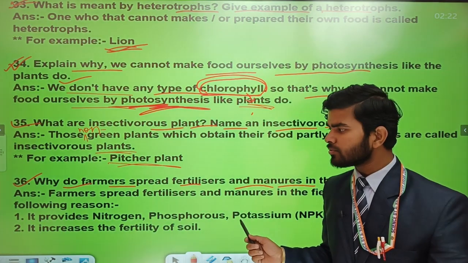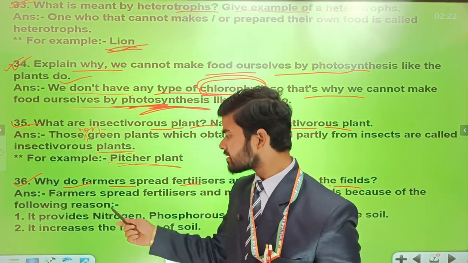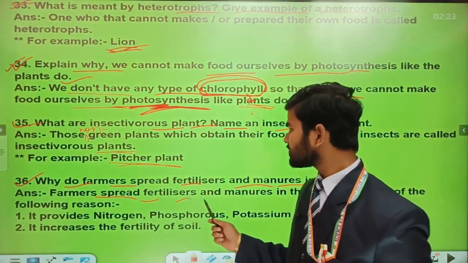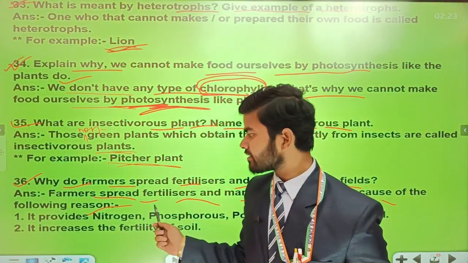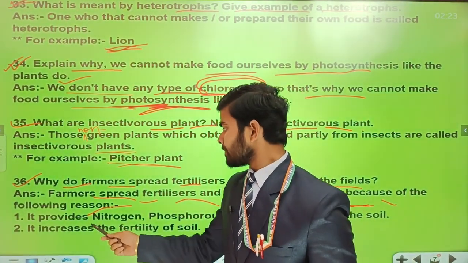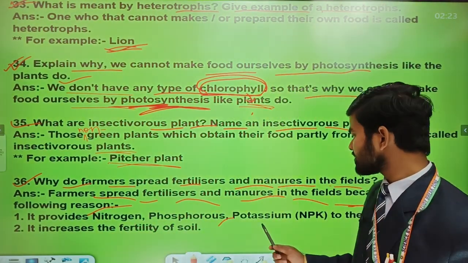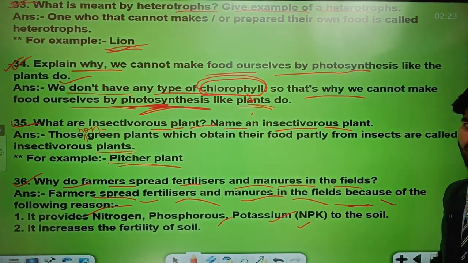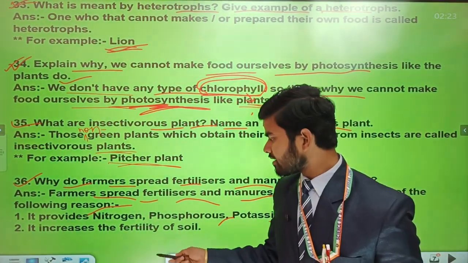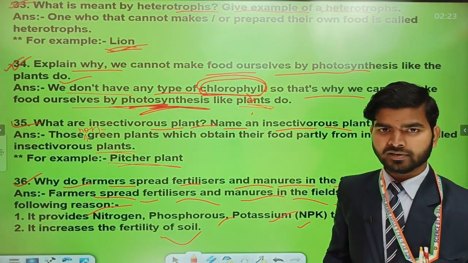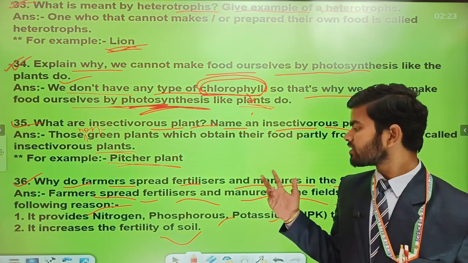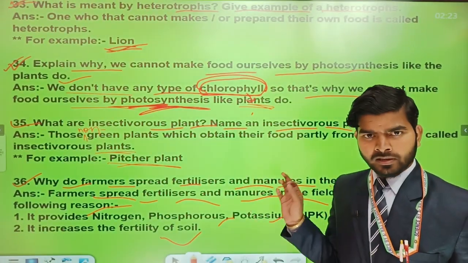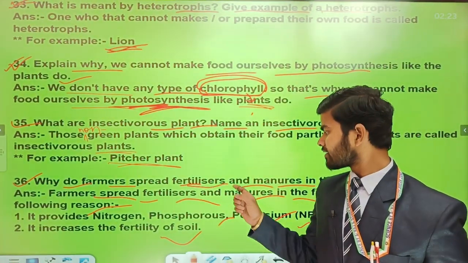We have some reasons. Farmers spread fertilizers and manures in the fields because of the following reasons. Firstly, it provides nitrogen, phosphorus, potassium, that is the NPK, to the soil. Next reason, it improves the fertility of the soil. So that's why farmers use manures and fertilizers. I have given the concept of fertilizer and manure.